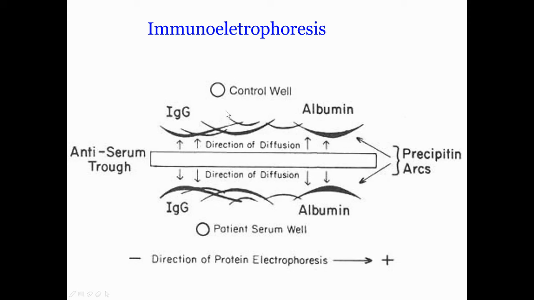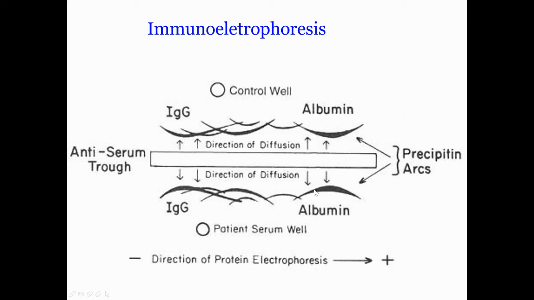What happens if you add to the control well? The immunoglobulin and albumin go into diffusion. In the case of the patient serum well, immunoglobulin and albumin will go through direct diffusion, and we can see the arcs like this.